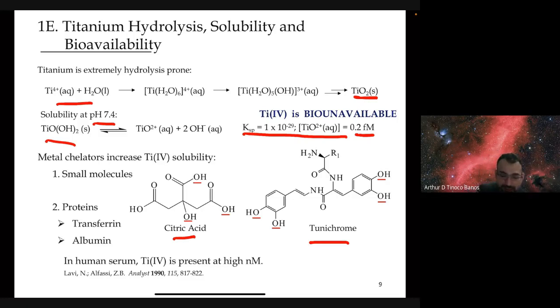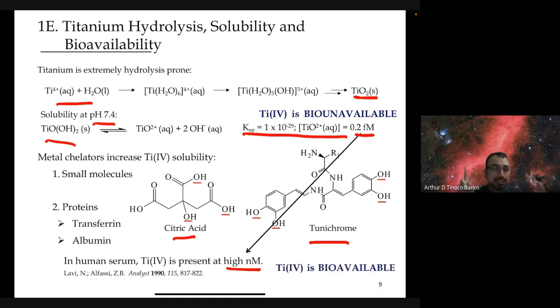It has been observed that titanium can reach as high as nanomolar concentration in human blood. So we look at the difference between the innate solubility versus the solubility as influenced by the presence of biomolecules.